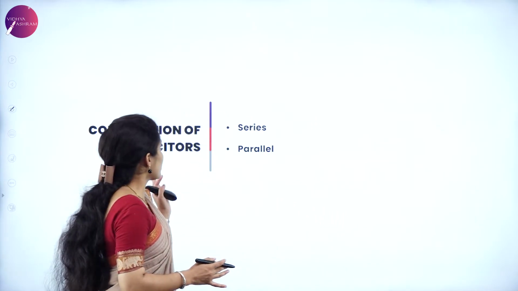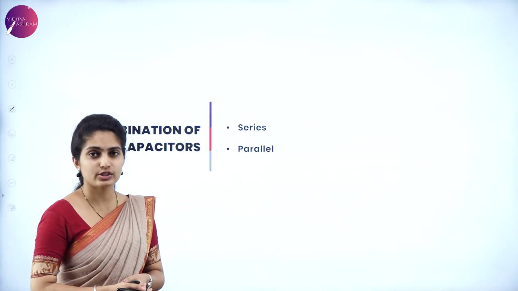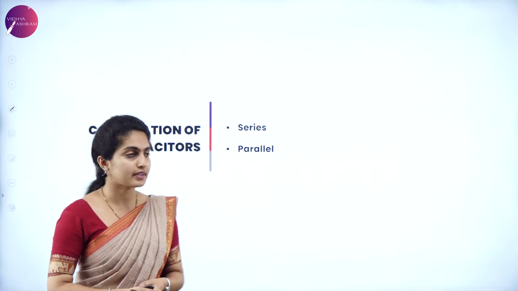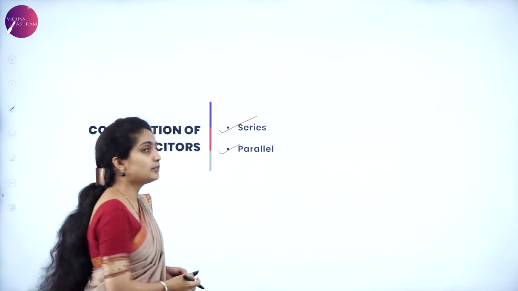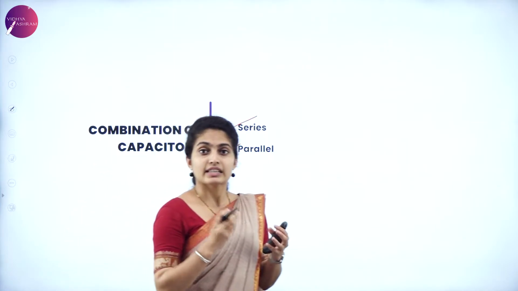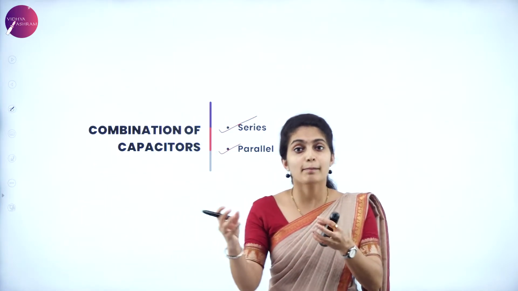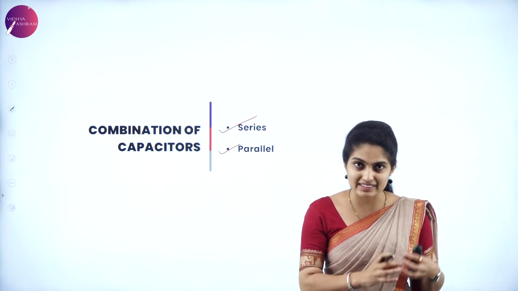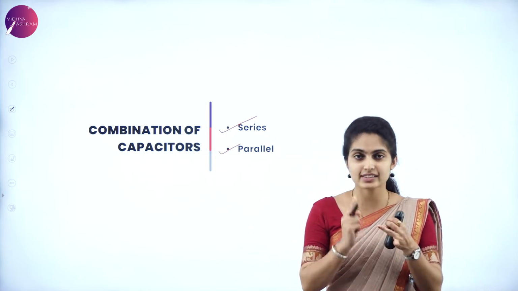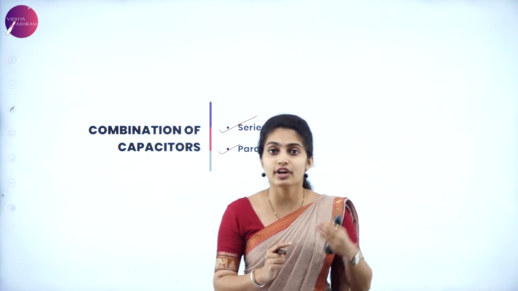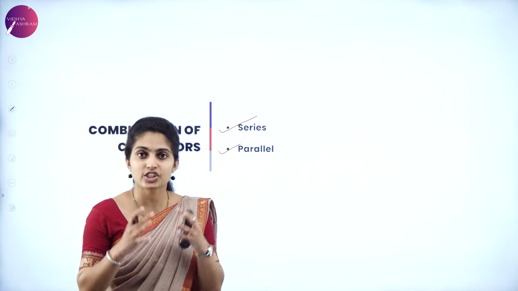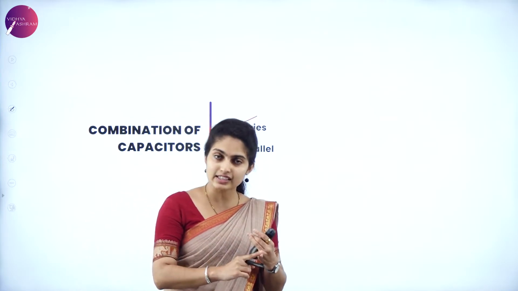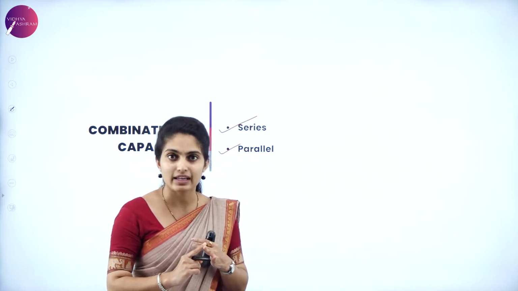So here, combination of capacitors, we have two types, that is the capacitors in series and capacitors in parallel. That means you have to connect many capacitors either in series or in parallel, and here we consider three capacitors and connect three capacitors in series and three capacitors in parallel.